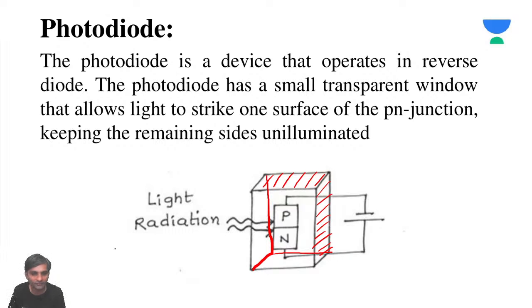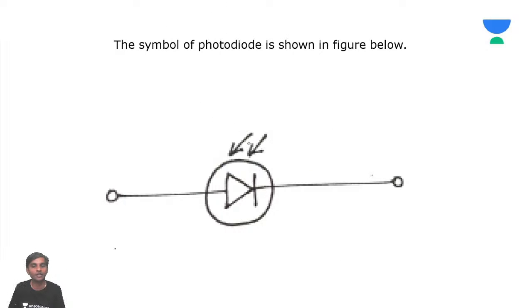So when the light is falling on the junction, a current exists, and we know that it operates in reverse bias, so a reverse current is produced. This is the symbol of the photodiode, with the incoming light.